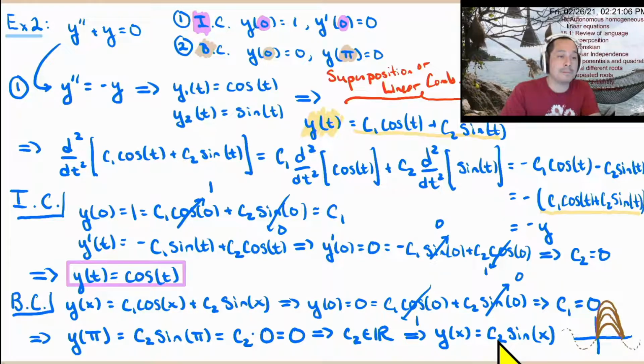So why would a problem like this come up? A problem like this could come up because what you're really looking for are shapes. Shapes of maybe a string that's allowed to bow, but the string must maintain 0 displacement on the left and on the right. So boundary conditions have more to do with things like guitar strings or stringed instruments, and initial conditions have more to do with force laws and experimental setup. Okay.